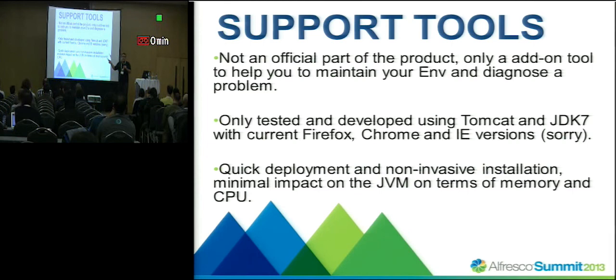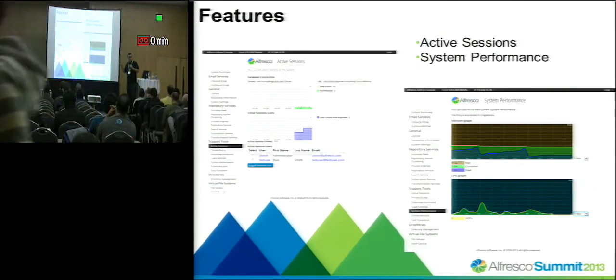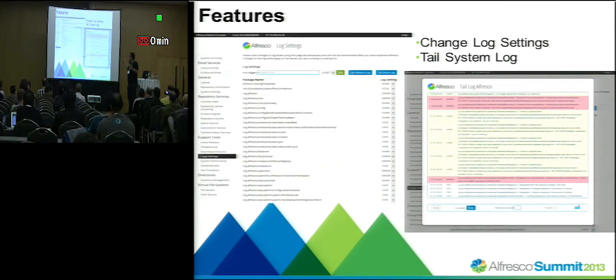It only works in Tomcat and JDK7, and it comes with a lot of nice features that you can use to control your environment, get the graph of the performance, control the number of sessions, see the system log remotely. How cool is that?